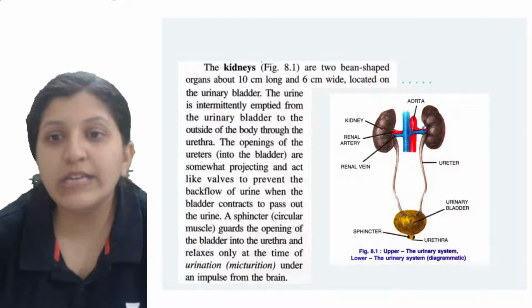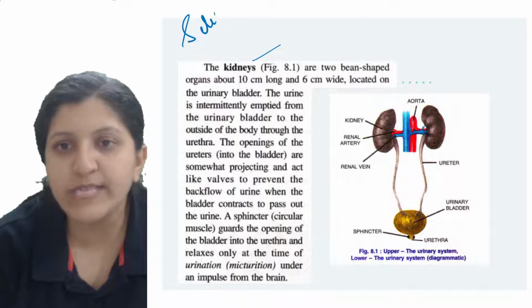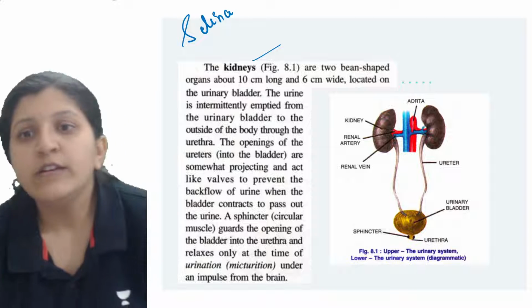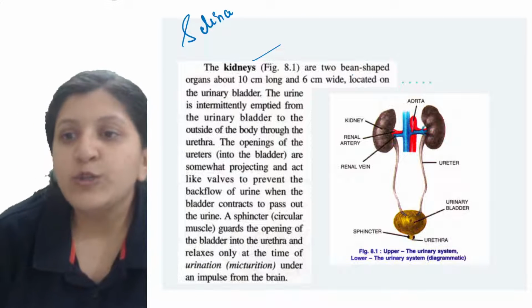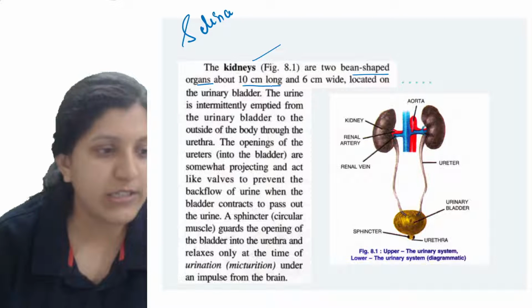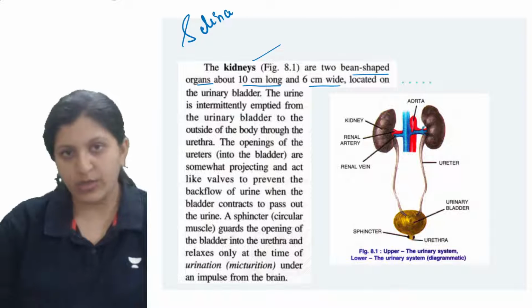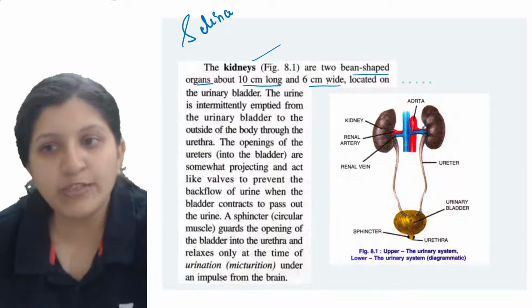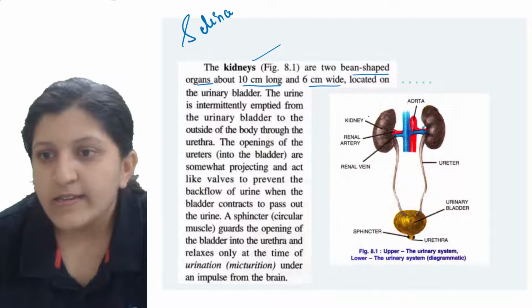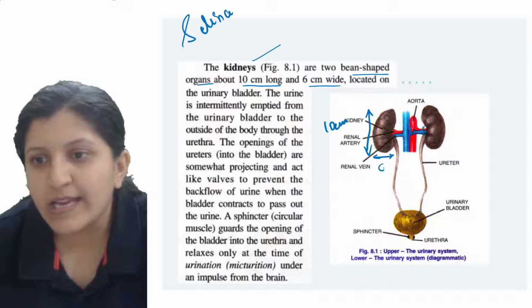Kidneys are basically two bean shaped organs, about 10 centimeter long and 6 centimeter wide.